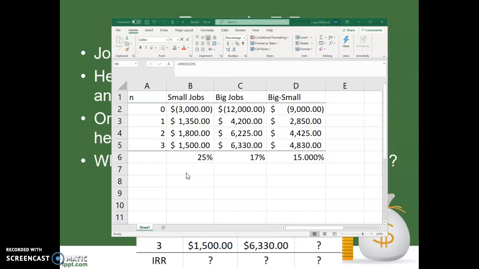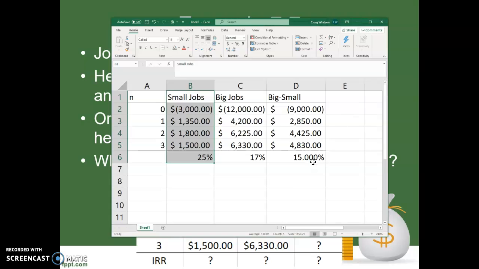If we took that $9,000 that is left over and invested it at our MARR of 10%, would the combination of doing small jobs and receiving this revenue, plus using our $9,000 to get 10%, be more or less than if we had just taken the whole $12,000 and applied it towards the big jobs?